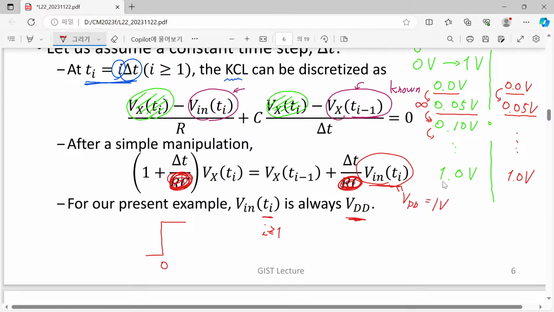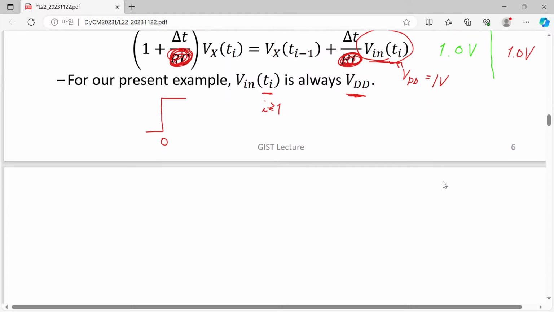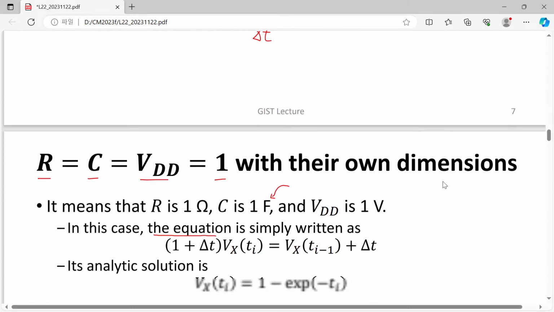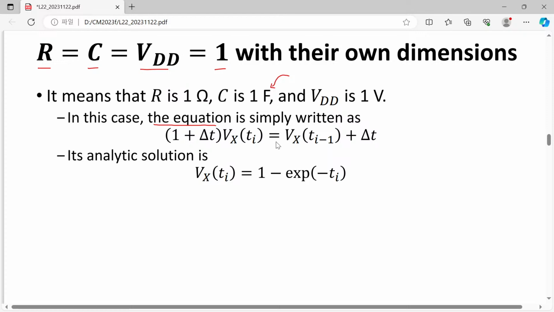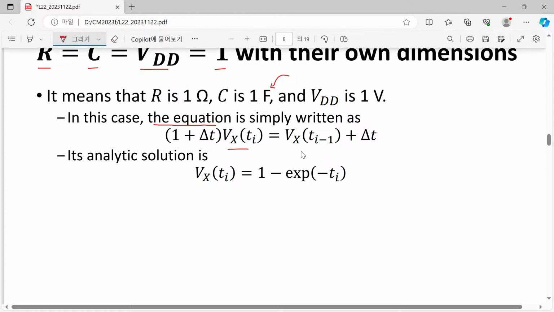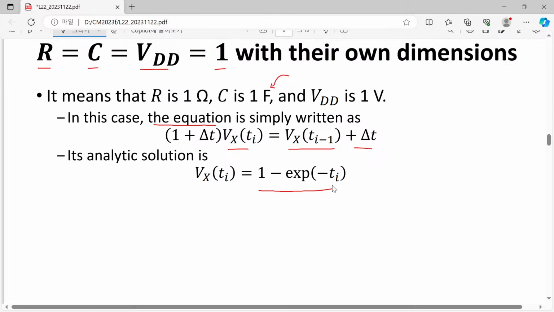So that's the reason why we have an extremely simple form of 1 plus delta t times our V sub x equal to our previous value of V sub x plus delta t. Also, since we have VDD equal to 1 volt and RC time constant is 1 second, we have also quite a simple expression.